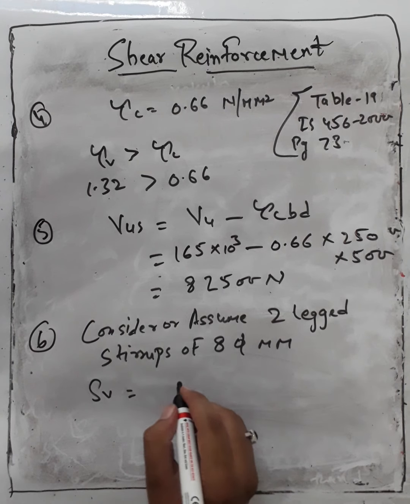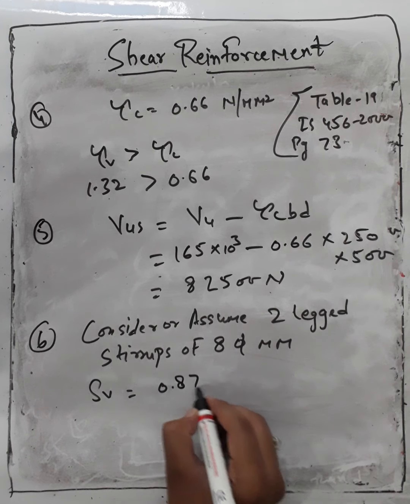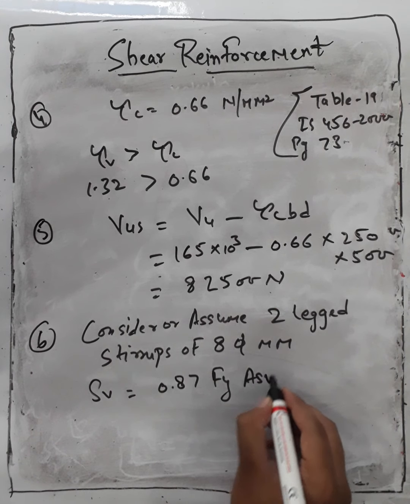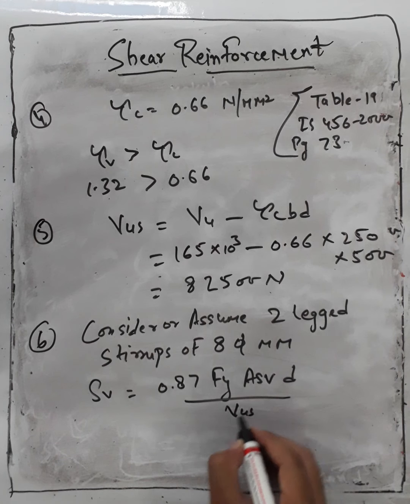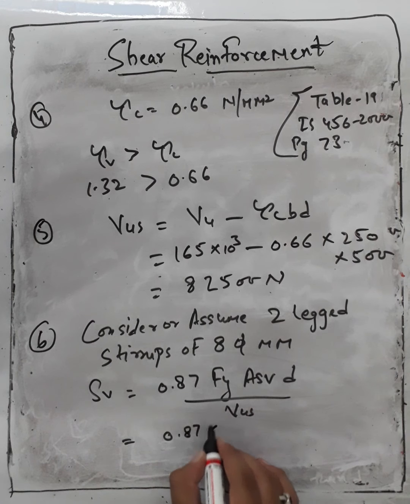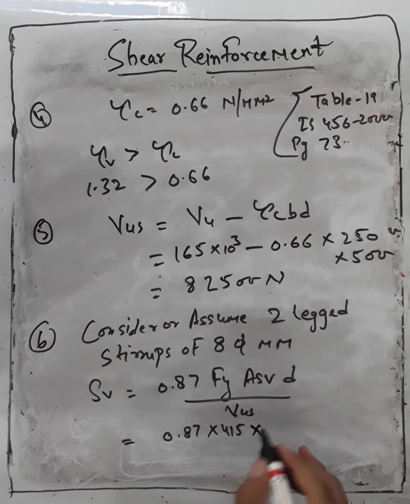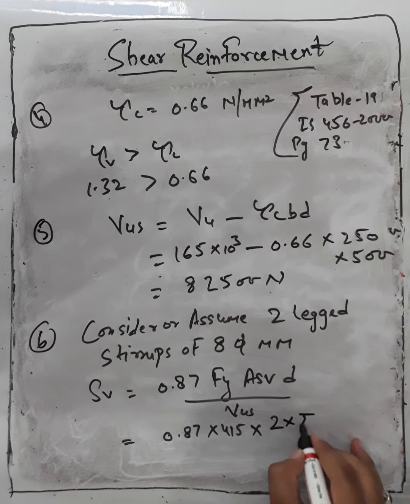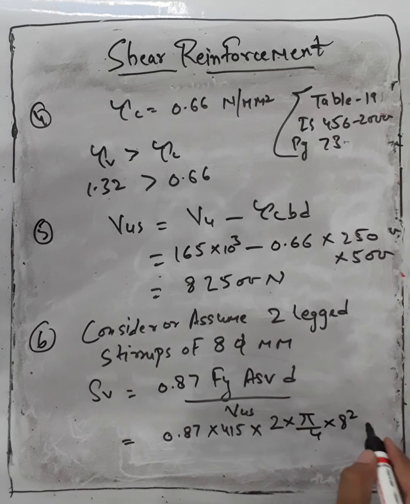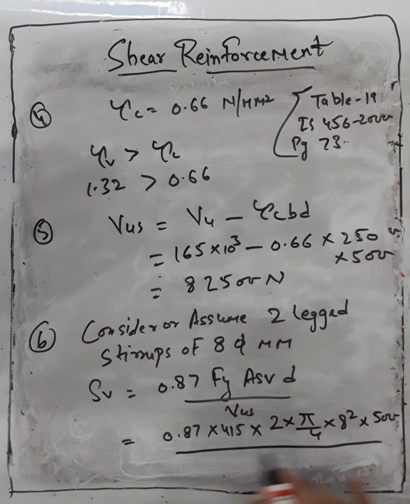The spacing formula is 0.87 Fy ASV D upon VUS. So 0.87 into 415 into ASV, where ASV is 2 into pi by 4 into 8 square, into D, where D is 500, divided by 82500. Let's solve this equation to find the vertical spacing, because we provide vertical stirrups.